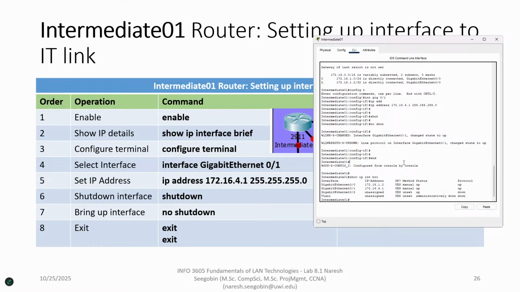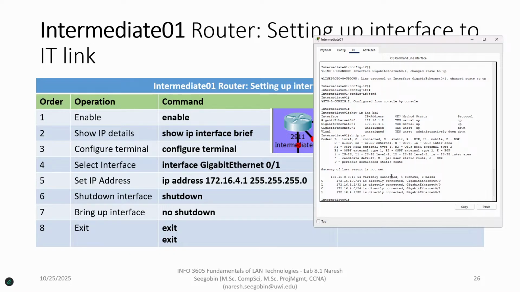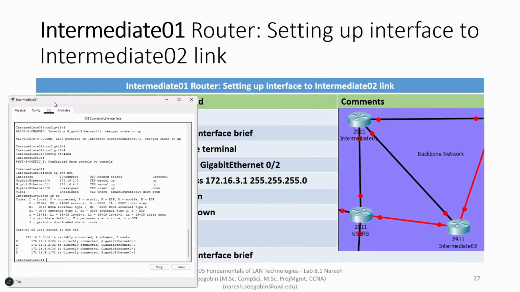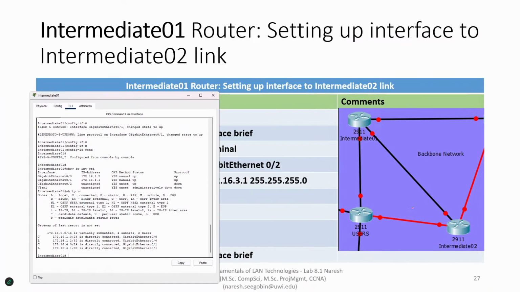All right, we're good. 0, 1. And if you do a show IP route, the table is going up, directly connected, we're good. Next one. This one is intermediate 0, 1 to intermediate 0, 2. So that's a diagonal link here.